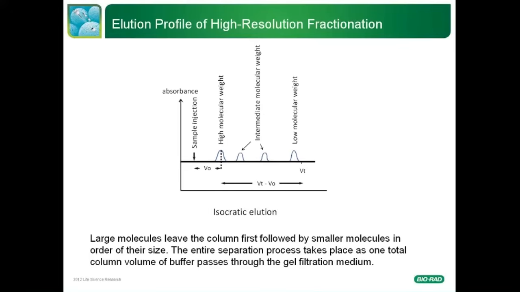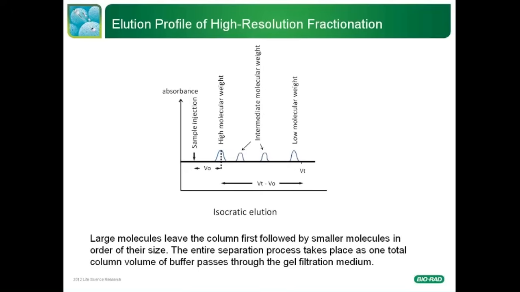I just want to review one more time since it's a very important principle. We talked about how biomolecules elute off a size exclusion column and the chromatogram that represents that. So just to review, the elution profile of high resolution fractionation is represented by having large molecules leave the column first.